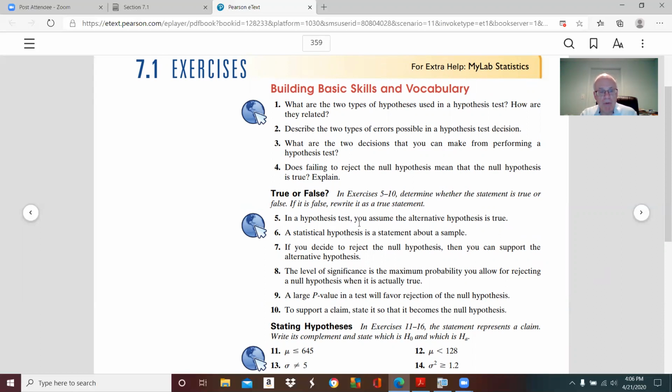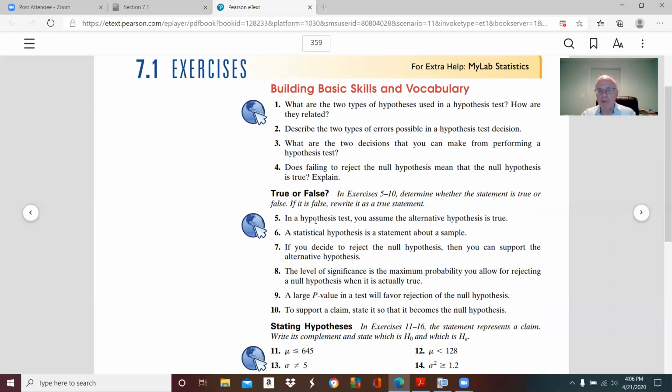So number 5, for example, says in a hypothesis test, you assume that the alternative hypothesis is true. Well, think of the criminal trial. Do we really assume that the person is guilty up front? No, we assume that they're innocent, which is the null hypothesis. So we assume in a hypothesis test that the null hypothesis is true, not the alternative.